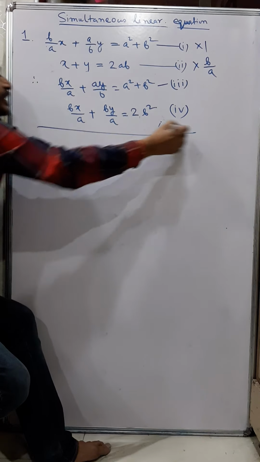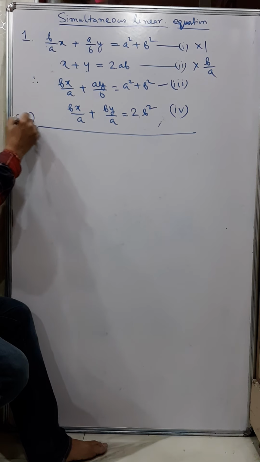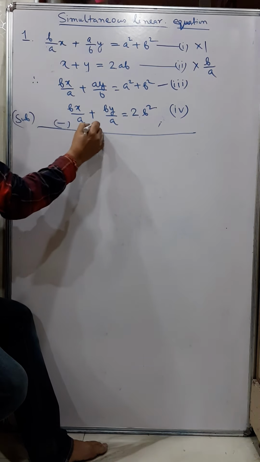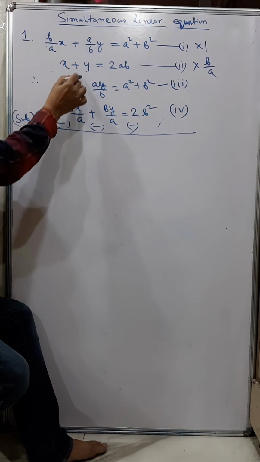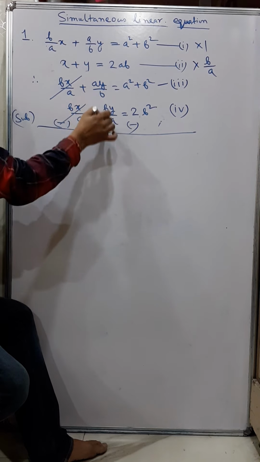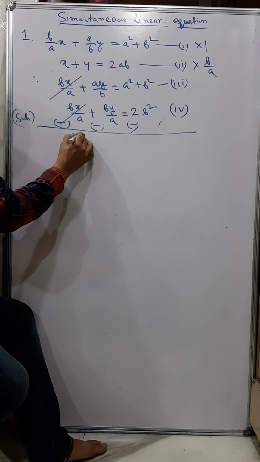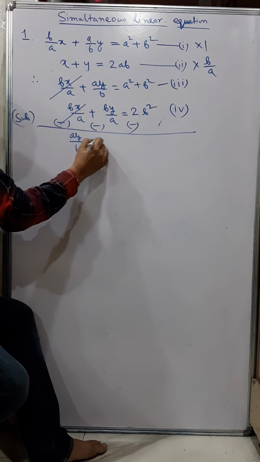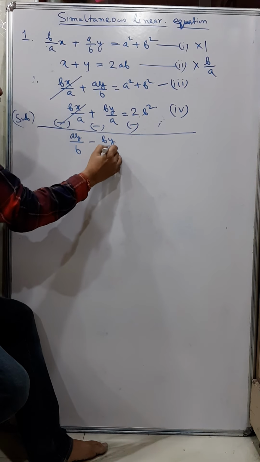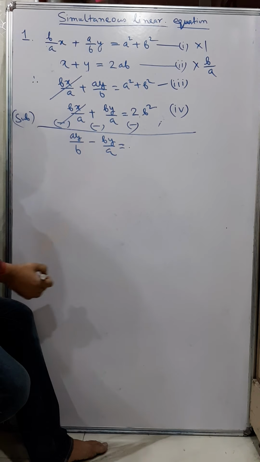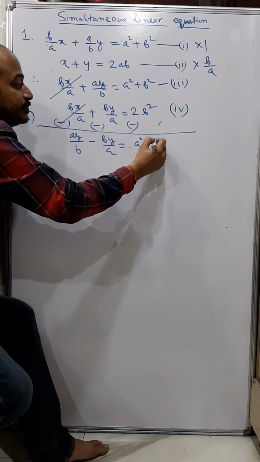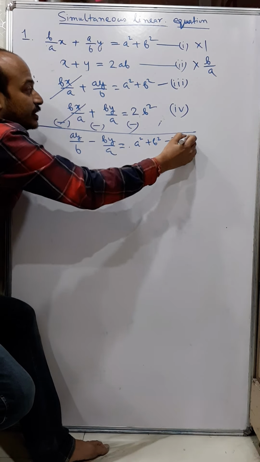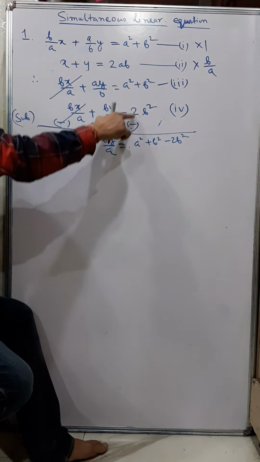And now if we subtract, we're changing the sign here. So we get bx by a minus bx by a cancelled. Here we can write it this way: ay by b minus by by a. Now if you see a square plus b square, it is a square plus b square minus 2b square.